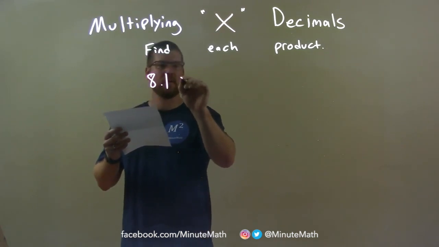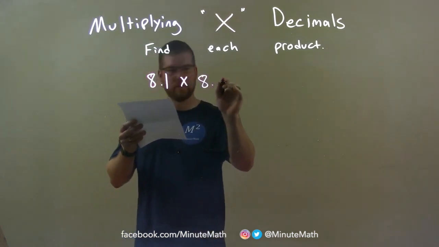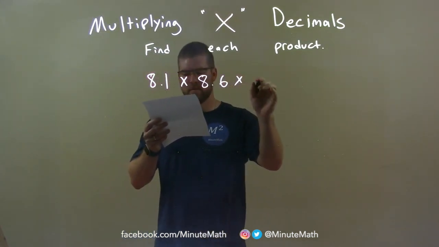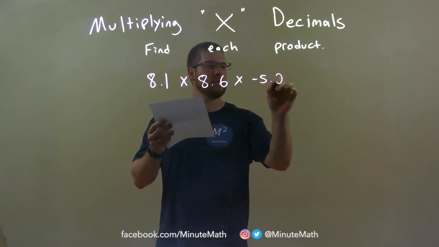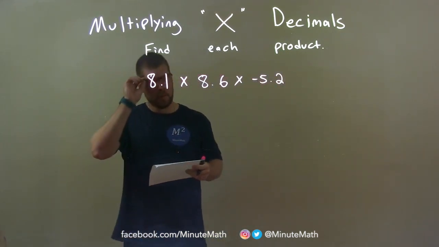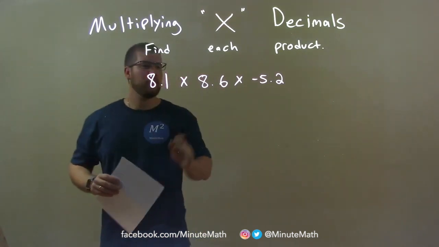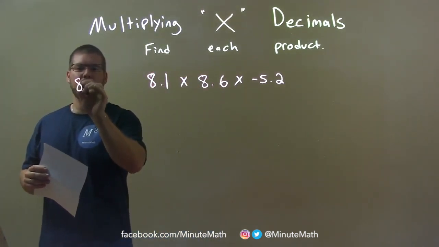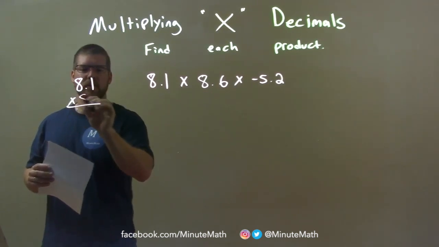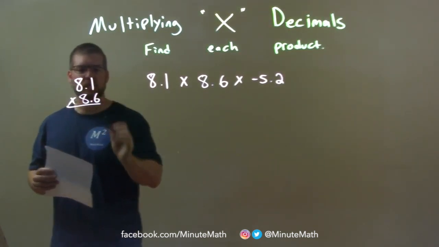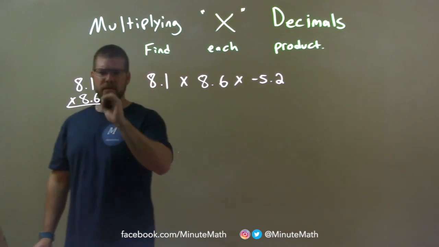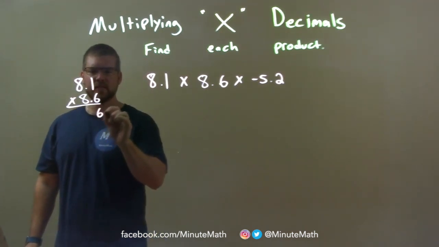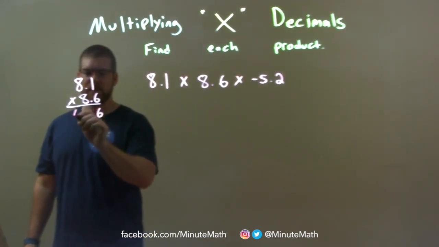8.1 times 8.6 times negative 5.2. Okay? Alright, so let's deal with the 8.1 times 8.6 first. Let's write it here. 8.1 times 8.6. Well, 6 times 1 is 6, and 6 times 8 is 48.